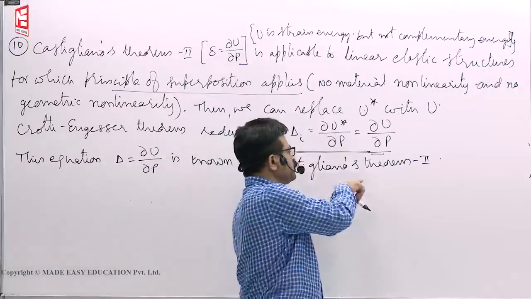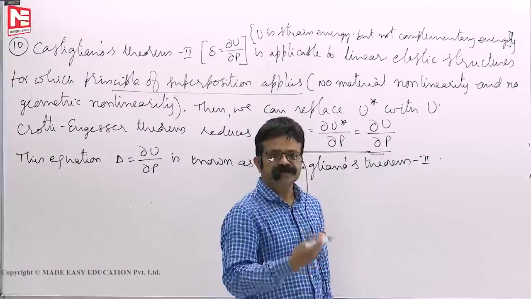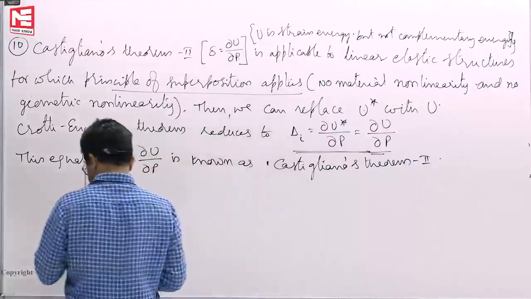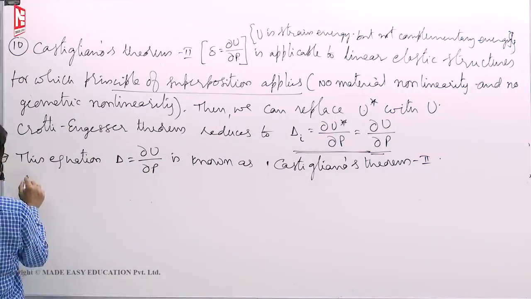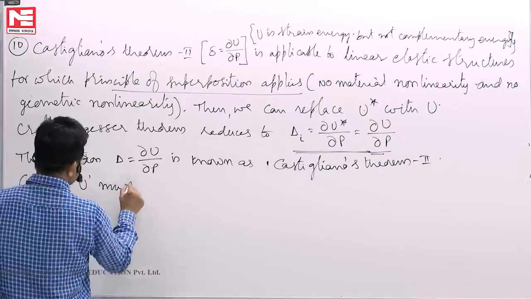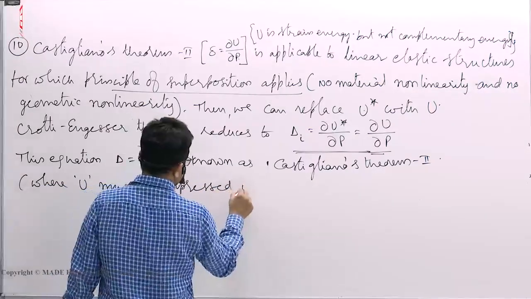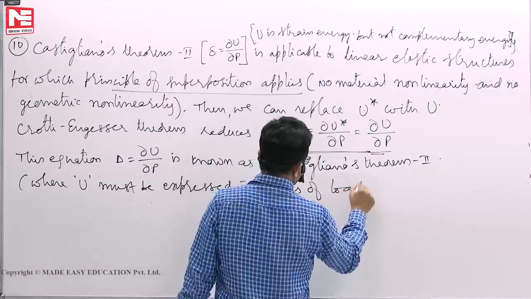A particular case of Castigliano's theorem 2, where the displacement is 0, gives the principle of minimum strain energy. That will be the next point, where U must be expressed in terms of loads only.